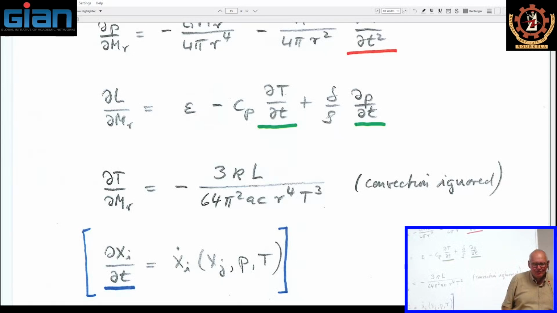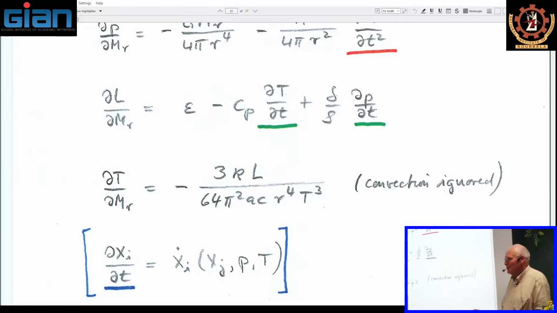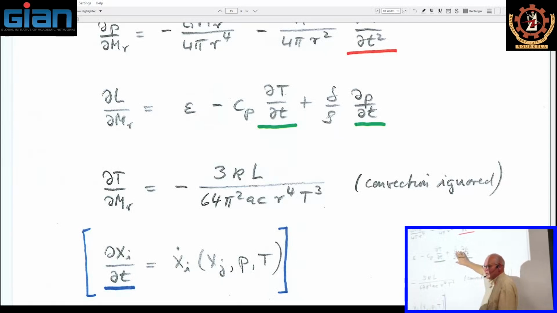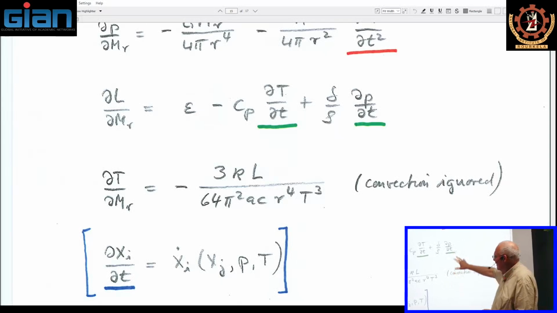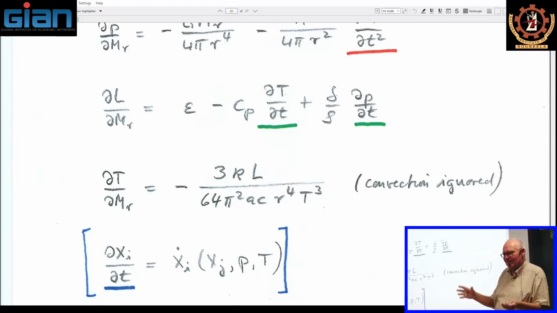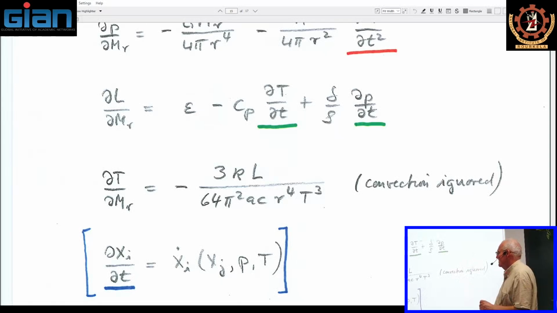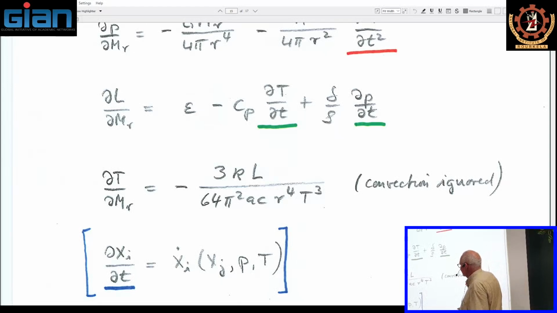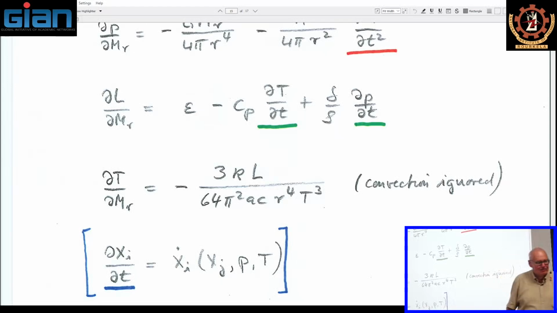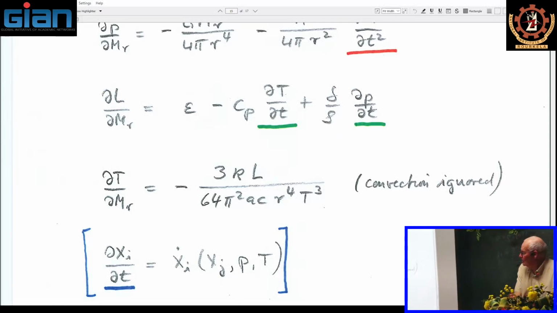For instance, for the Sun, it's quite perfect to ignore this term. You get perfect results. There are other stars which also are close to adiabatic changes of state, but there are stars where this is no longer true. We'll come to that later on. So once we do stellar evolution, we ignore the red term.